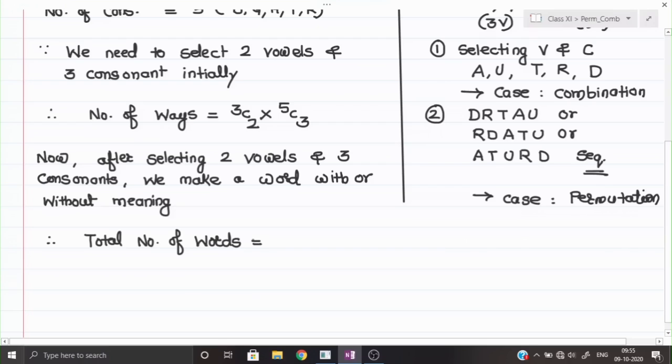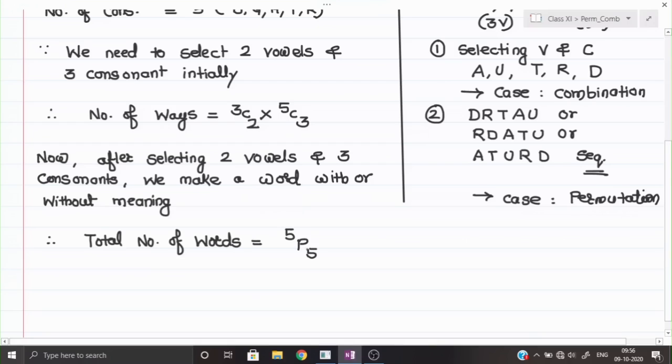Total number of letters I have is 5, because here no conditions are given that the vowels will be kept separately or consonants kept separately. They are mixed. Now 2 vowels are there, 3 consonants are there, they are mixed, and we are making one word which contains 5 letters. So we can say that it can be done by 5P5 ways.